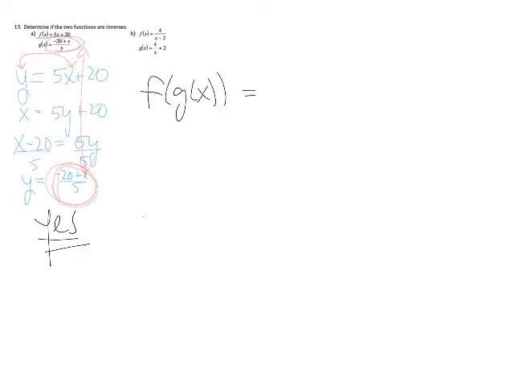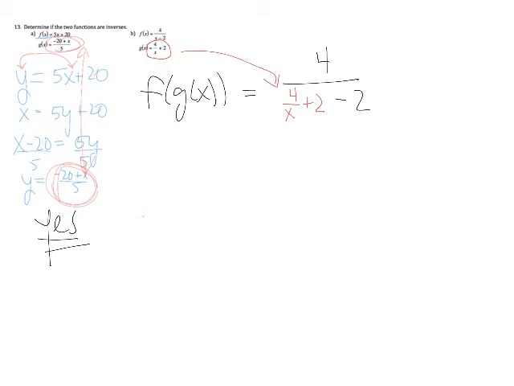So you're basically going to write your f function, 4 over, and instead of writing a simple x, you write your 4 over x plus 2 minus 2, right? So you're taking your g of x, this right here, and plugging it in where you see just a simple x in your f function.